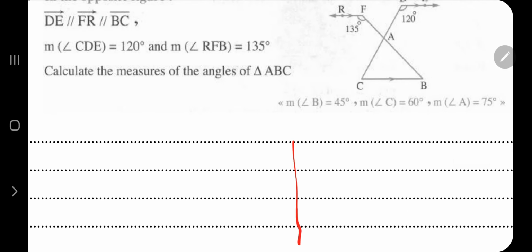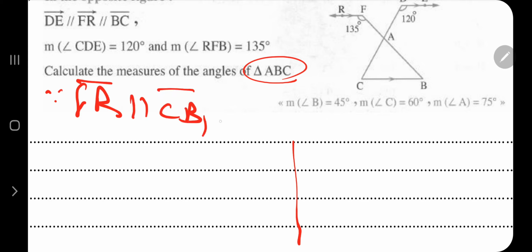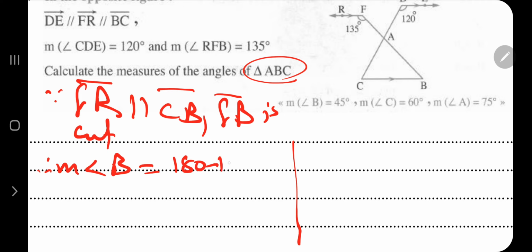Another example to get the measure of the angle ABC. Since FR is parallel to CB and FB is a transversal, that means the measure of angle B equals 180 minus 135, which is equal to 45, supplementary interior.